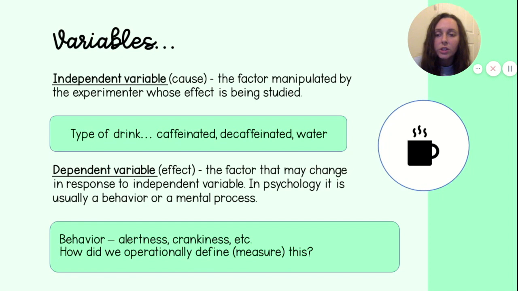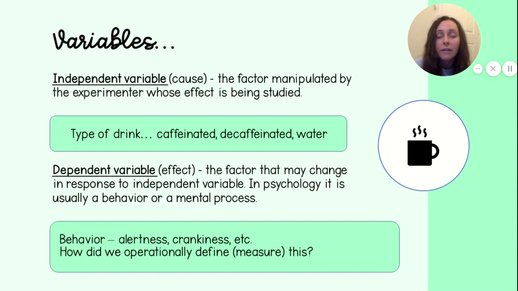But the dependent variable is usually going to be a behavior or a mental process, but it's whatever is being affected. So the type of drink or the caffeine is the independent variable, and then the dependent variable is the behavior, aka the happiness. So there's only going to be one independent variable and dependent variable.